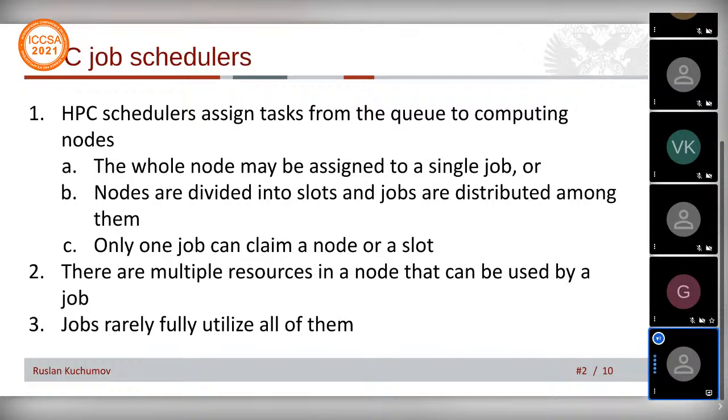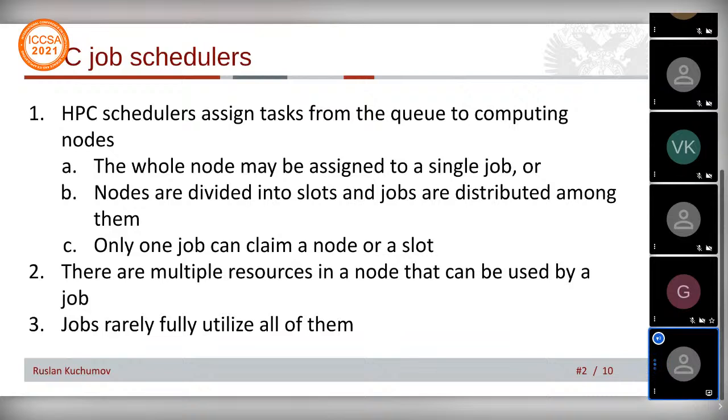This leads to very low cluster utilization and subsequently to very long queue wait times, high power consumption, etc. The reason is that usually the whole computational node of a cluster is assigned to a single job, but the job often doesn't use all available resources on that node.